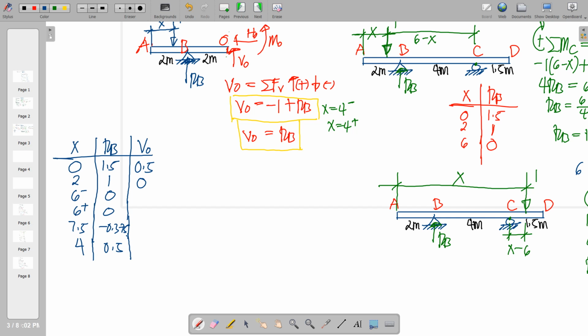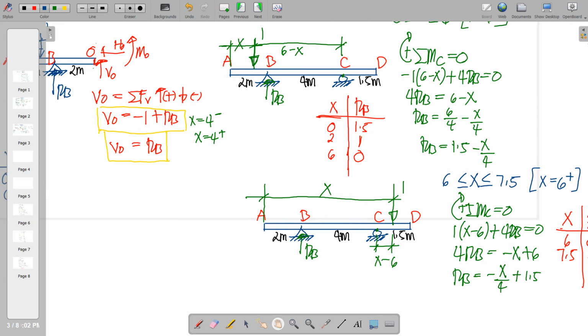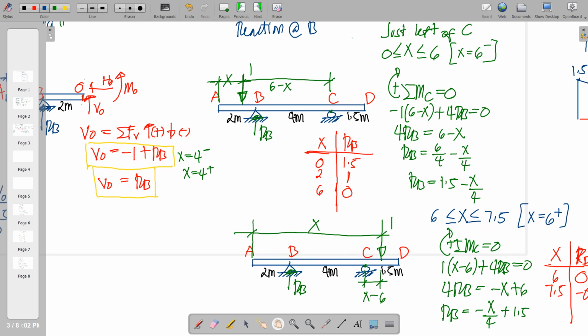So we now substitute this for 4 minus and 4 plus, and they actually have the same value. Whether it is 4 minus or 4 plus, it will cover an equation that is less than 6, as we can see here. This is the equation.